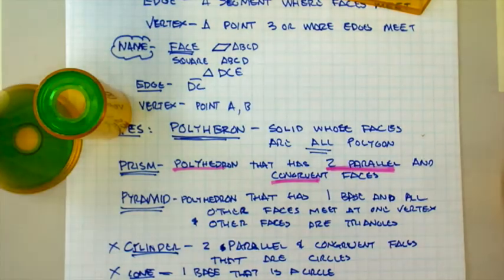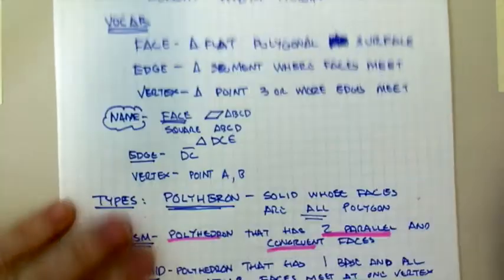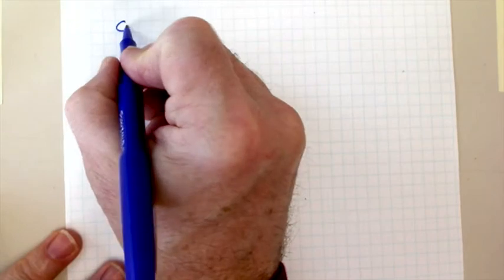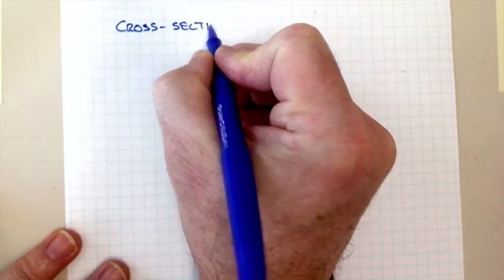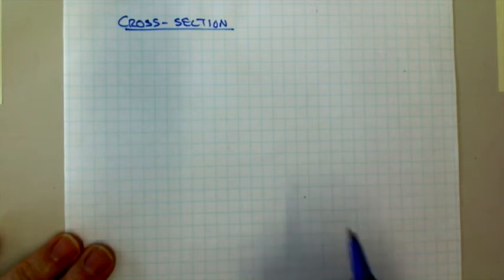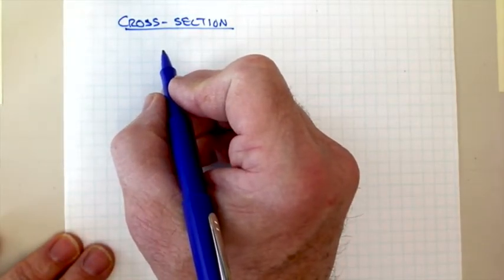Now, let's talk about cross sections. Adjust things here a little bit and start another page. So let's talk about what we mean by a cross section. For each one of these solids, or any solid, I can take a plane and intersect it with that solid.